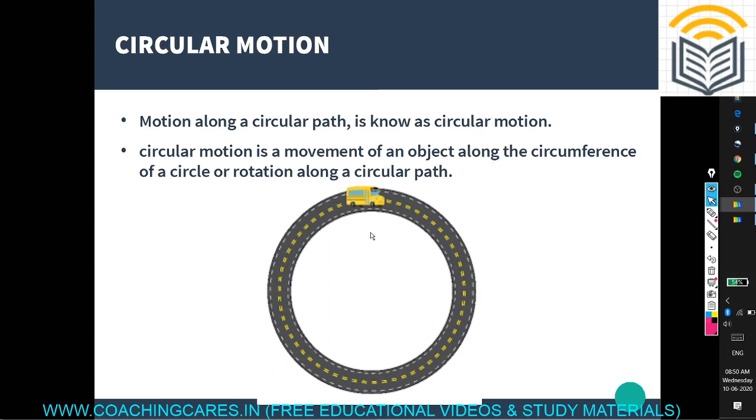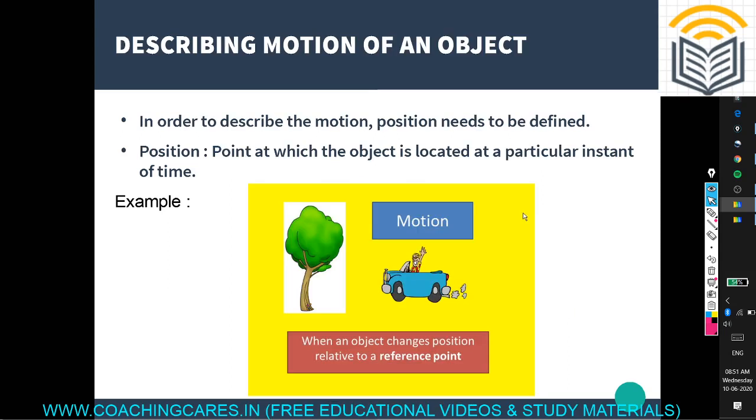You can see in the picture, this vehicle is moving along a circular path, along the circumference of the circle. So the motion of that object will be defined as circular motion. So this is another type of motion. The first one is rectilinear, the second one is circular motion.